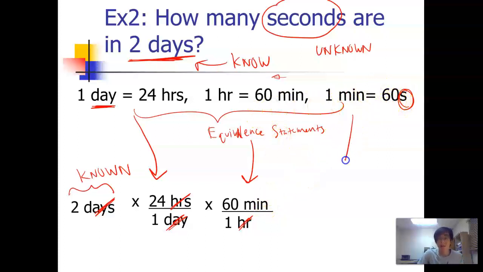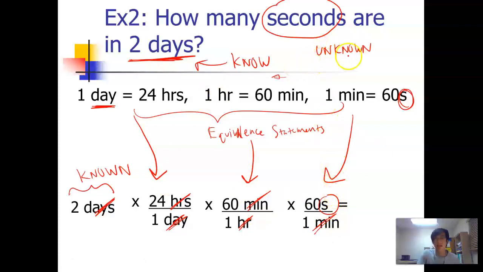So lastly, I'm going to put that last conversion factor right there. Okay, what do you think is going to go on the bottom? I want to cancel out minutes. So that is going to go on the bottom of the fraction, and then I want to be left with seconds on the top. Alright, so I cancel out minutes, minutes divided by minutes, leaving me with seconds, and I think I'm done because that is the unit that was my unknown.